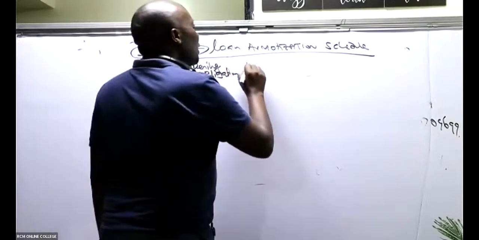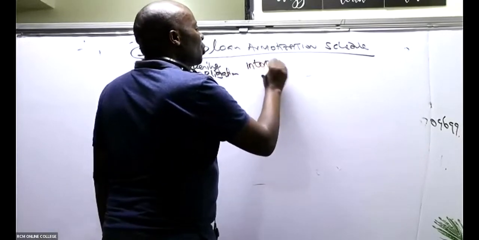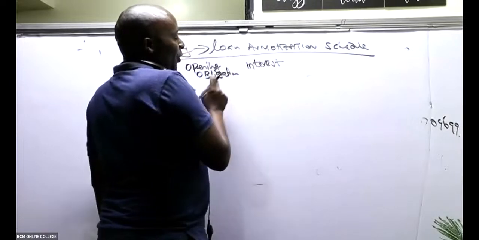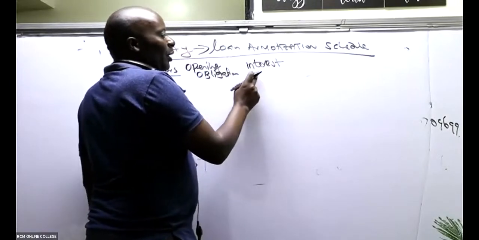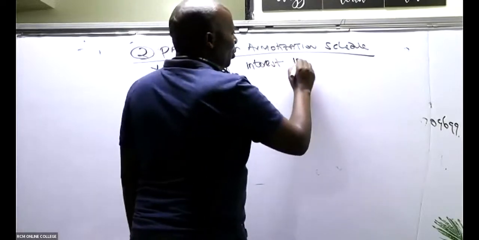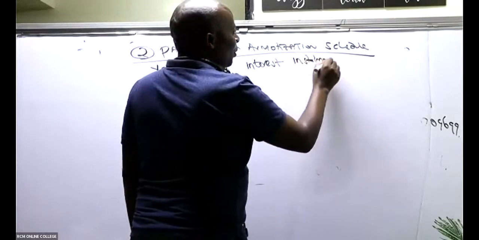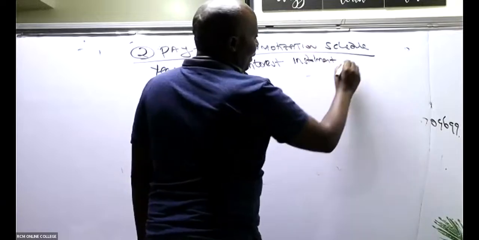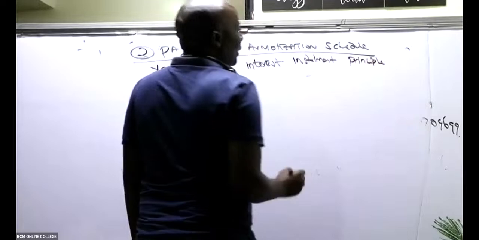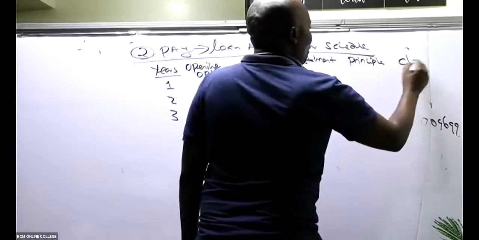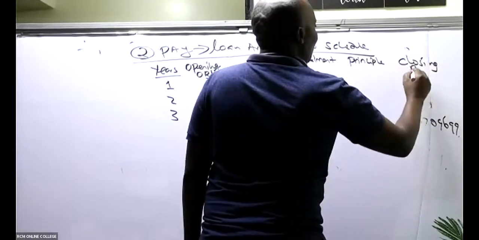This opening obligation will always attract interest. Remember, interest is normally levied on the opening obligation. From there, we shall have our installment, then our principal amount, and lastly, the closing balance.